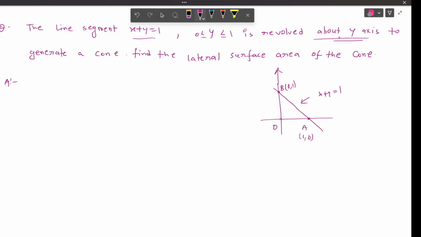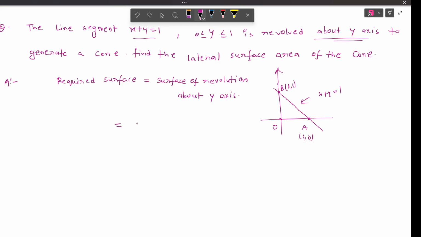So if it is revolved around y-axis, our required lateral surface area would be the surface of revolution about y-axis.